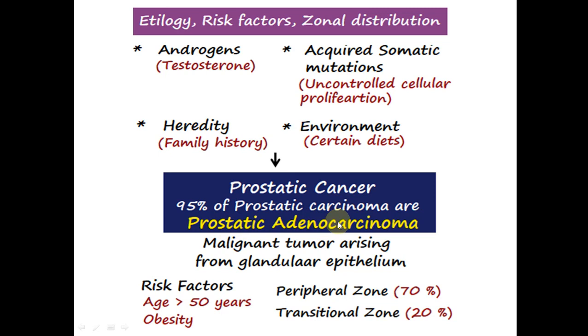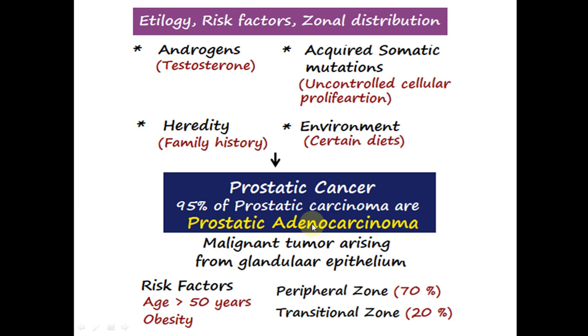But here I want to mention that other types of rare cancers can also occur in the prostate gland. For example, the transitional cell carcinoma. The transitional cells are particularly found in the urinary bladder and the part of the urethra that passes through the prostate gland and is surrounded by the transitional zone, so that can be a site for the transitional cell carcinoma.